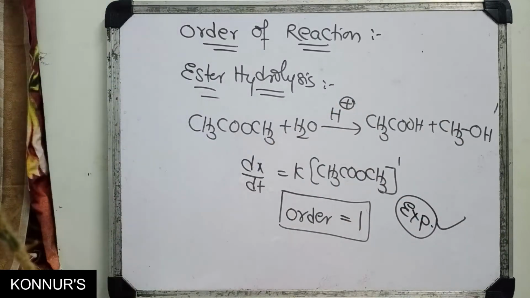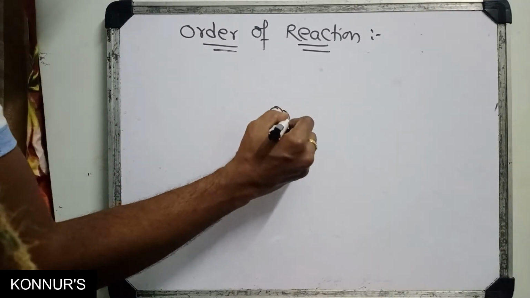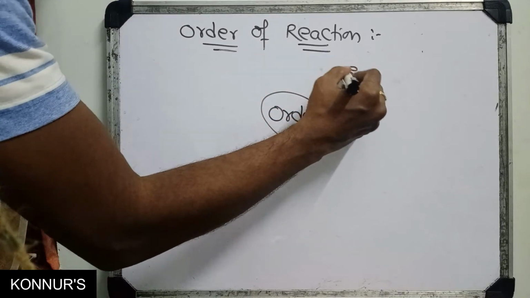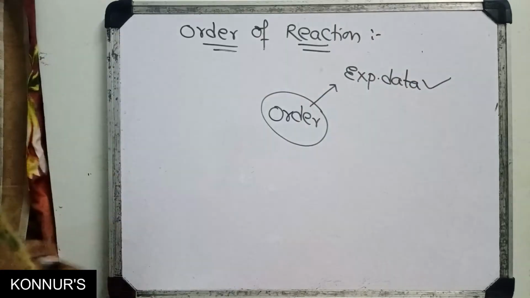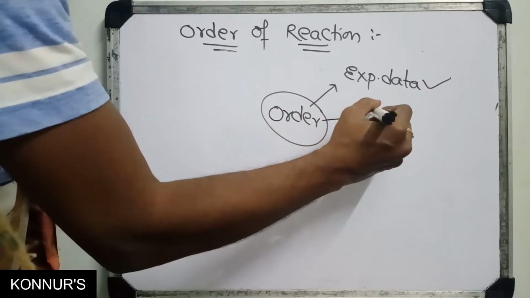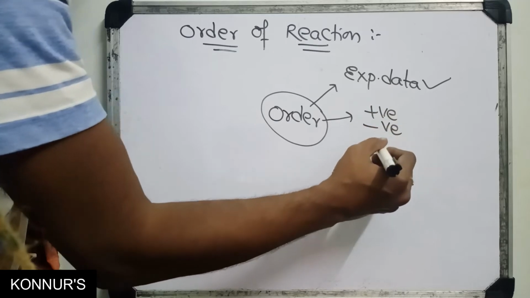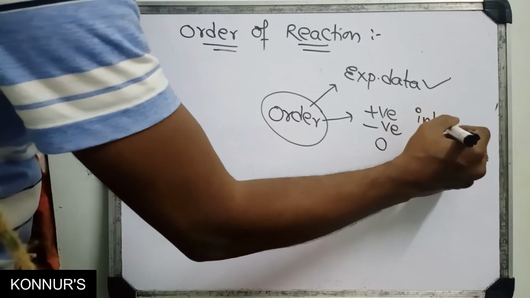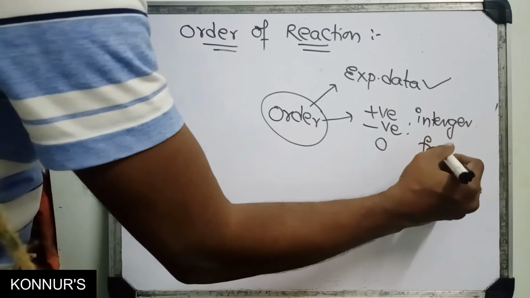So that is important. Now we will see the important points of order. See, order is available through experimental data only. That is the first point. So how is the order value available? It can be a positive value, a negative value, or 0. Integers also, and fractions also.